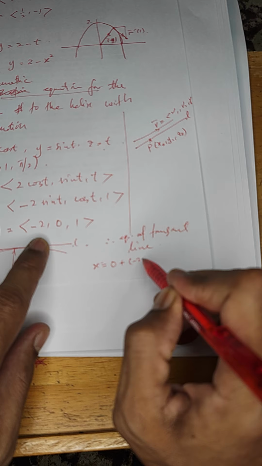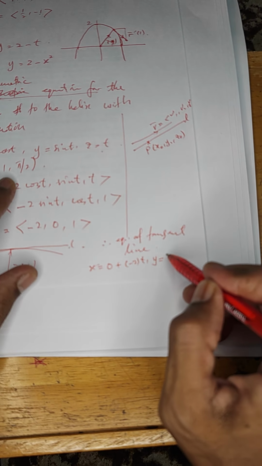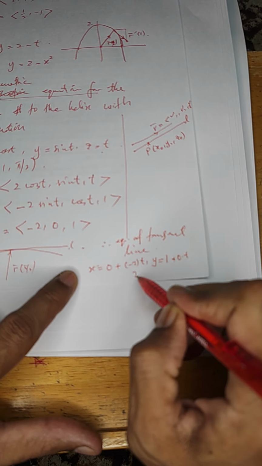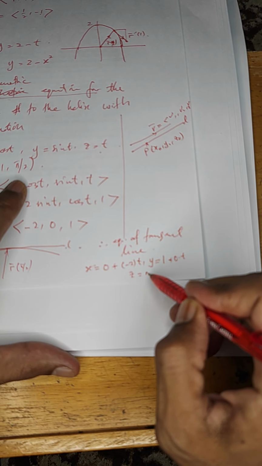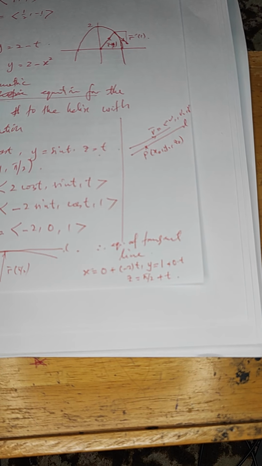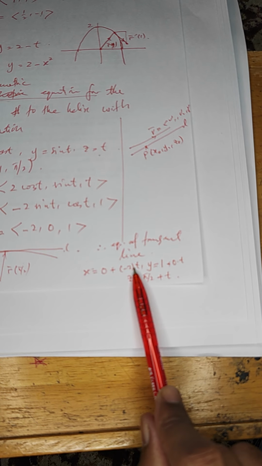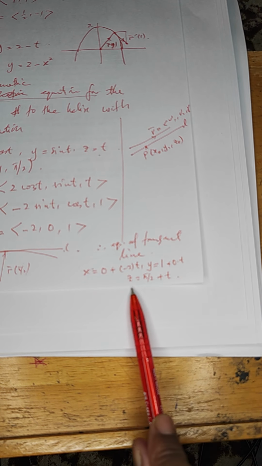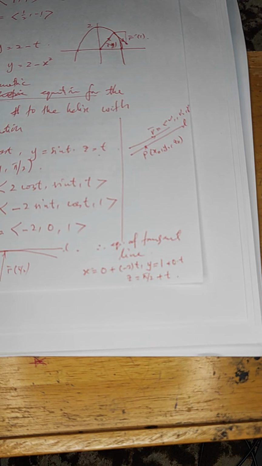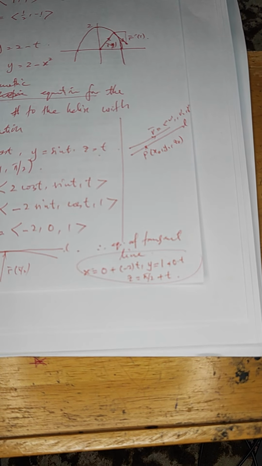So we have minus 2t. y equal to 1 plus 0t, and z equal to pi over 2 plus t. Just rewrite those things in the proper manner. So we have x equal to minus 2t, y equal to 1, and z equal to pi over 2 plus t. So that gives you the parametric equation of the tangent line.